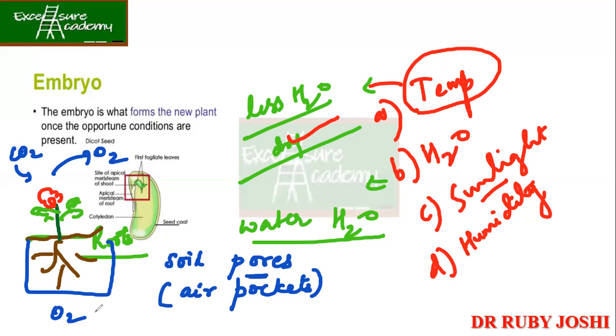So the plant also needs air pockets so that it can take the oxygen. If so much water is there, there won't be any air for the plant to take. And finally the plant is not able to survive.